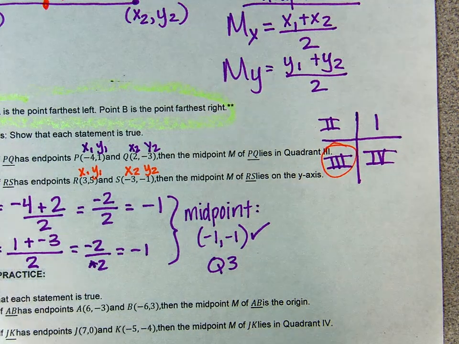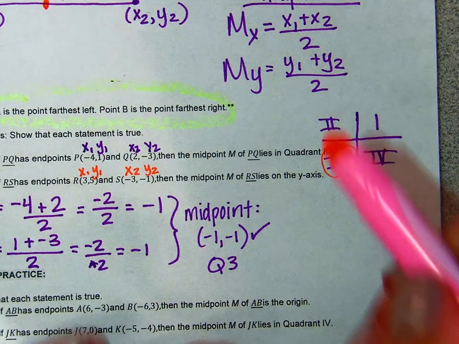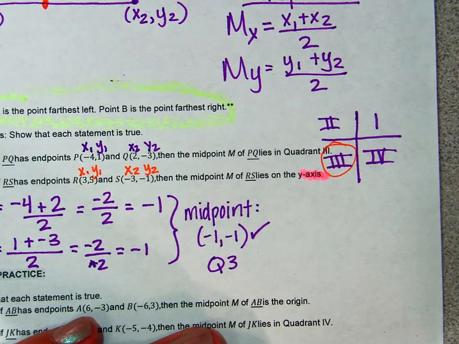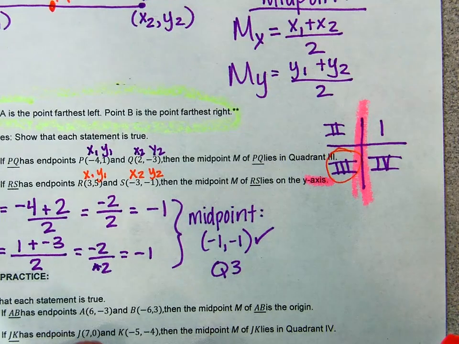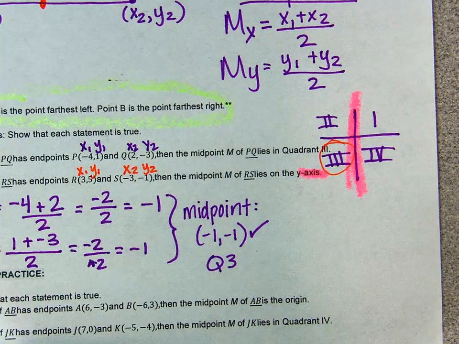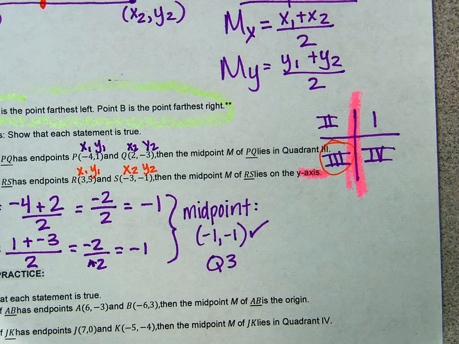Just as a reminder, because I think some people get confused, I'm going to highlight the y-axis in pink. I can't even trace a straight line, y'all. That pink line right there is going to tell me where the midpoint is. It better be somewhere on that line. So let's go ahead and figure it out.